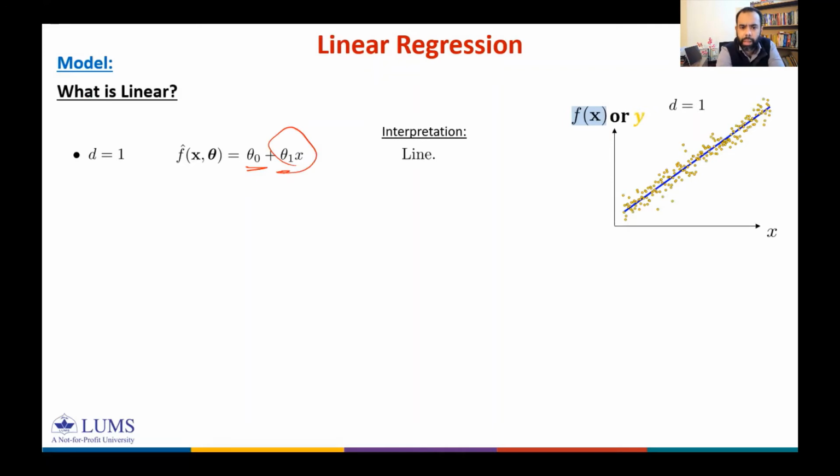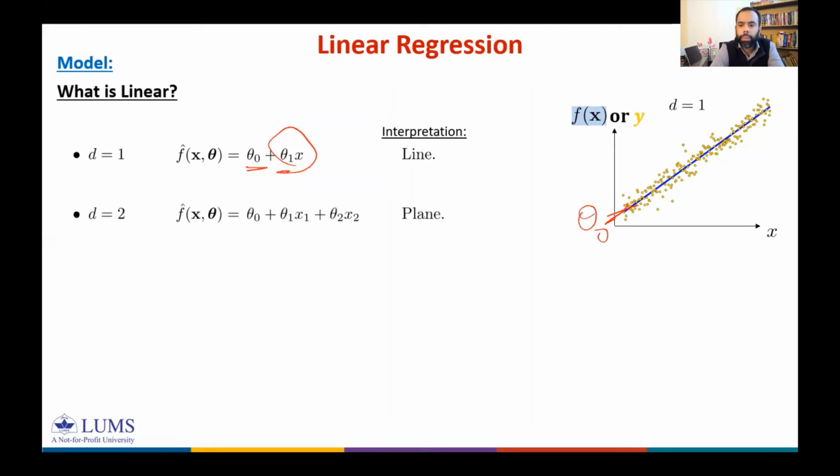So f of x is a straight line, because theta naught is the offset, if you extend this blue line, and theta 1 is the slope of this line. If you see, this looks like a linear or straight line. That's why we call it linear.